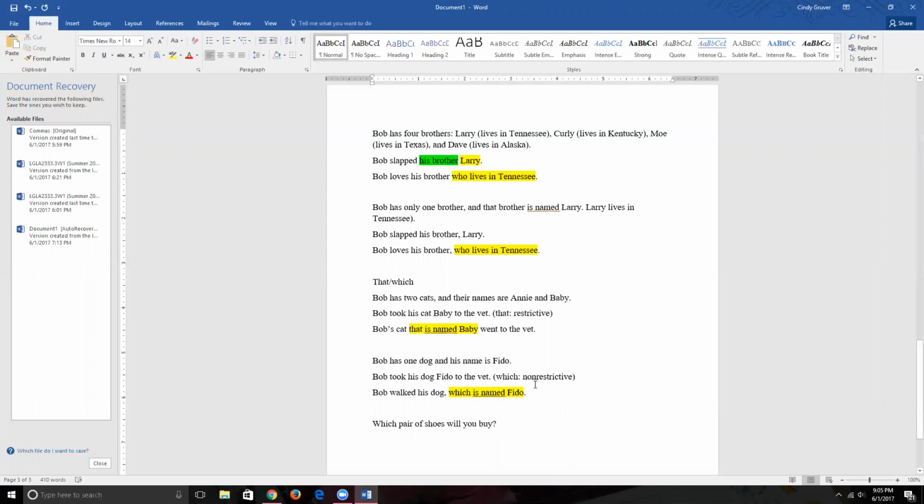So when you're using it to form a question, as a question word, you're not going to put it in commas. And then again, that can have other meanings. So you have to consider the function of these words in the sentence.